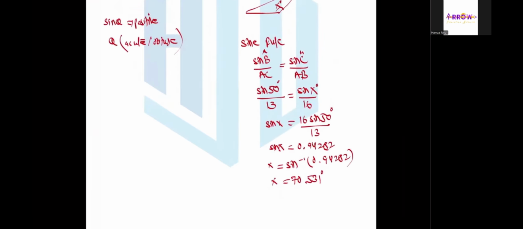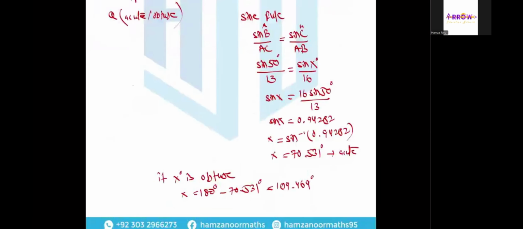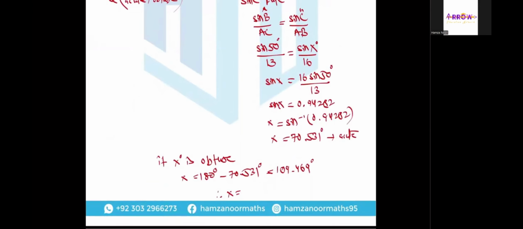And if X is obtuse, then it is 180 degrees minus 70.531 degrees, which is 109.469. You need to give your answers correct to 1 decimal place. Therefore, X is equal to 70.5.